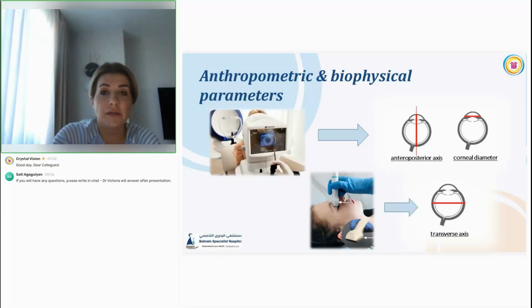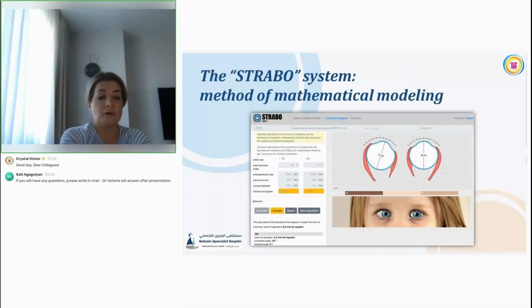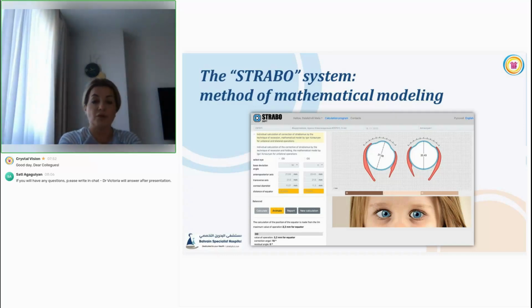And then after the high precision diagnosis of oculomotor function, we calculate the volume of operation according to the mathematical modeling program. The interface of this program you can see on this slide, and we use it in our practice since 2009.